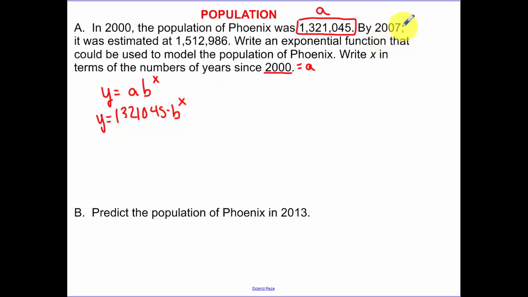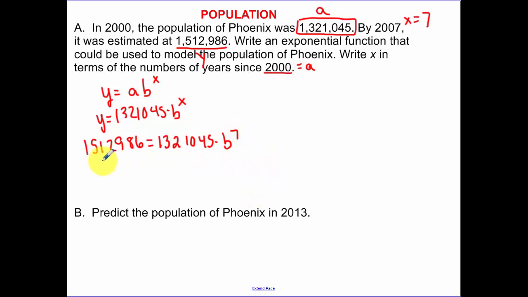Now they tell me in 2007, so when x equals 7, y is going to equal that. So we have that equation.